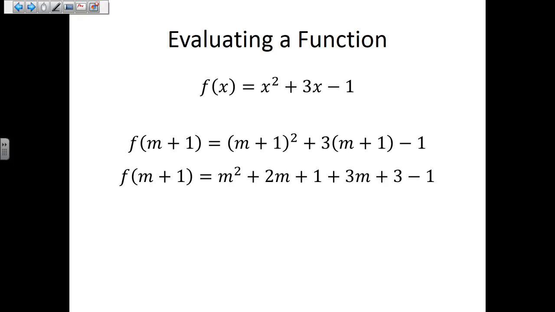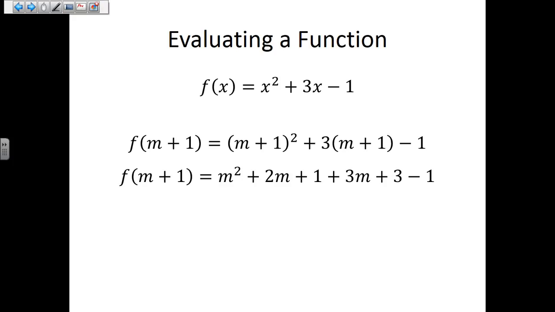When I square m plus 1, I get m squared plus 2m plus 1. If you're not sure how I got that, make sure you ask. But really what I did is I foiled it. I've been doing this for so long, I know the patterns. I can do it pretty quickly. Distribute your 3. 3 times the quantity m plus 1 is 3m plus 3. And then I've got that minus 1 hanging out there at the end.